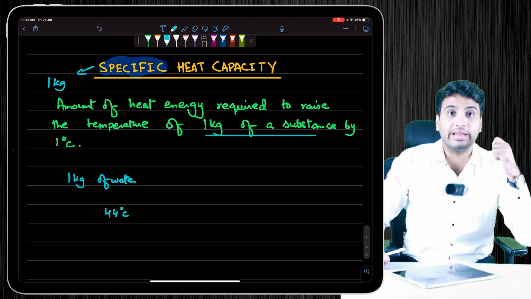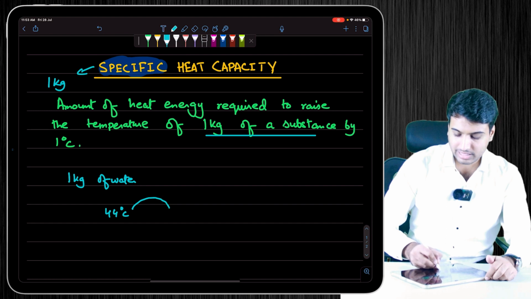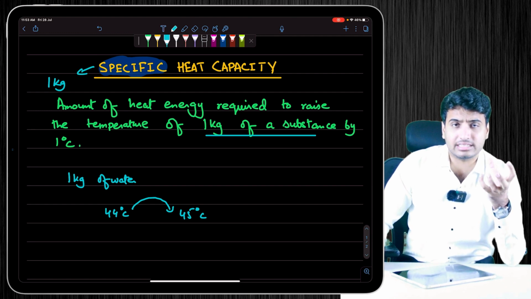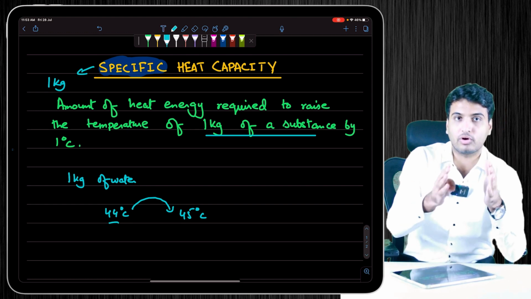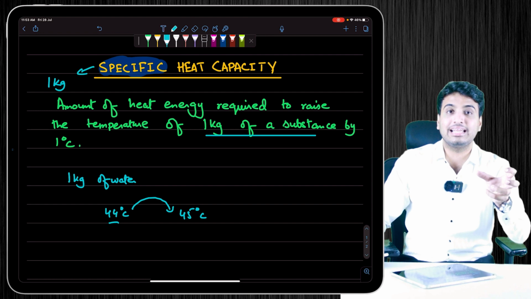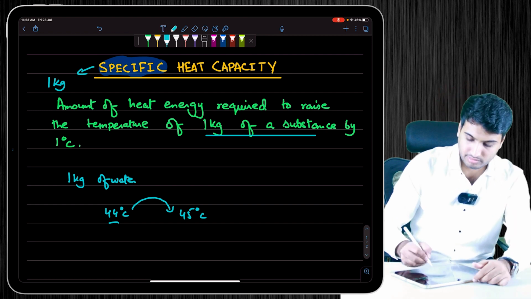Now we start providing it heat, and we note the temperature, and it becomes 45 degrees Celsius. So whatever heat energy it has consumed to raise the temperature from 44 to 45, that heat energy is basically its specific heat capacity.